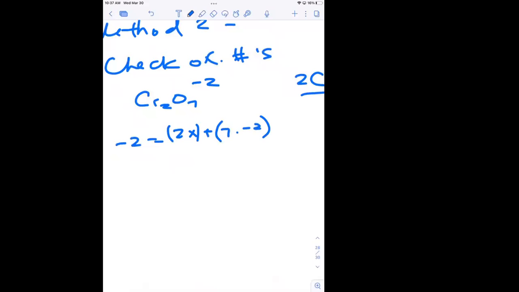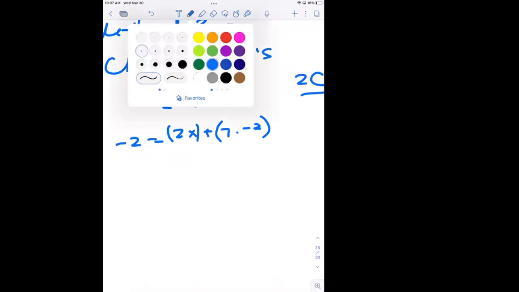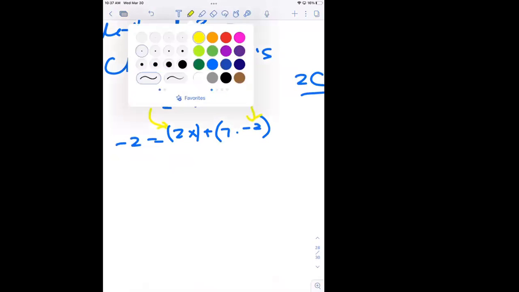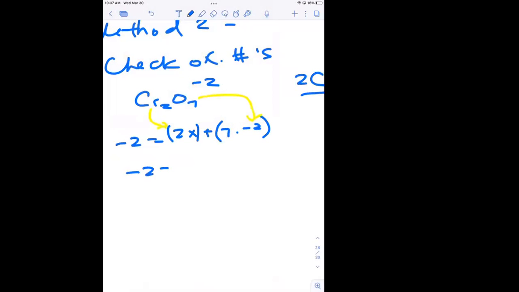Following? This is oxygen and this is for chromium. And now we're going to determine the oxidation number for chromium. Right? So this is -2 equals 2x minus 14. So -2 plus 14 equals 2x.